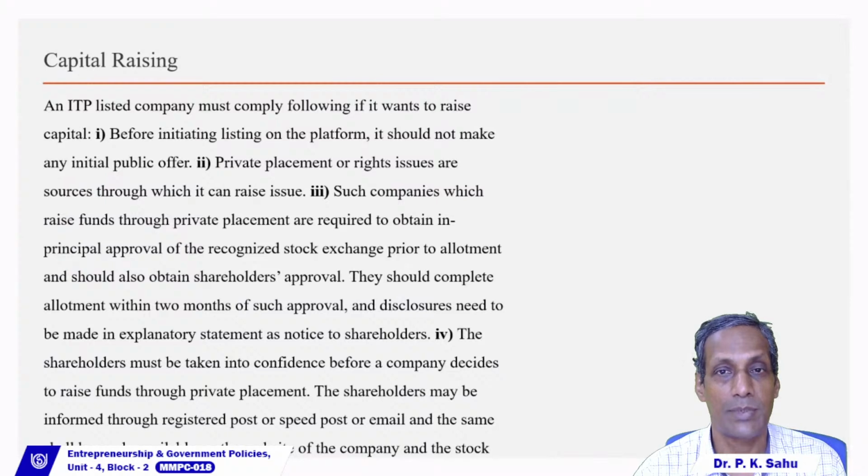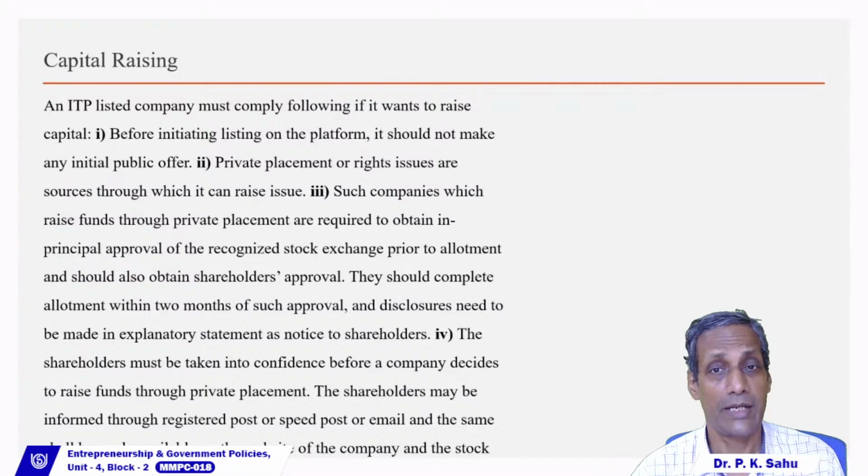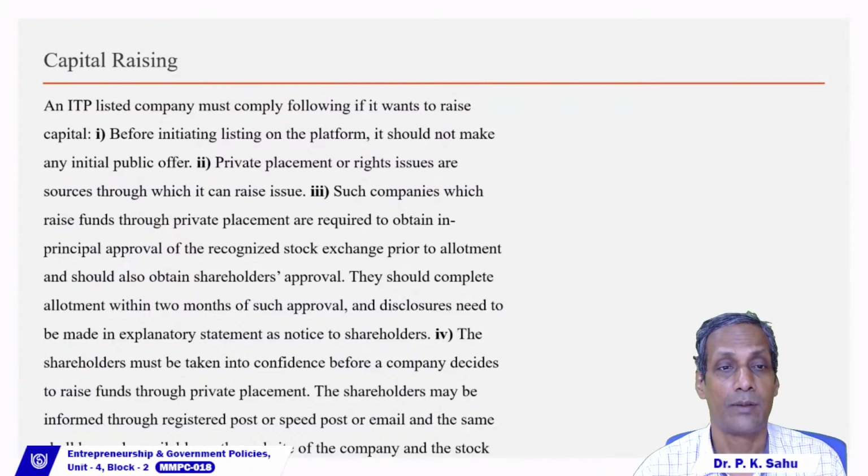Third, such companies which raise funds through private placement are required to obtain in-principle approval of the required stock exchange prior to allotment and should also obtain stakeholders' approval. They should complete allotment within 2 months of such approval, and disclosures need to be made in explanatory statement as notice to the shareholders. Fourth, the same shareholders must be taken into confidence before a company decides to raise funds through private placements.